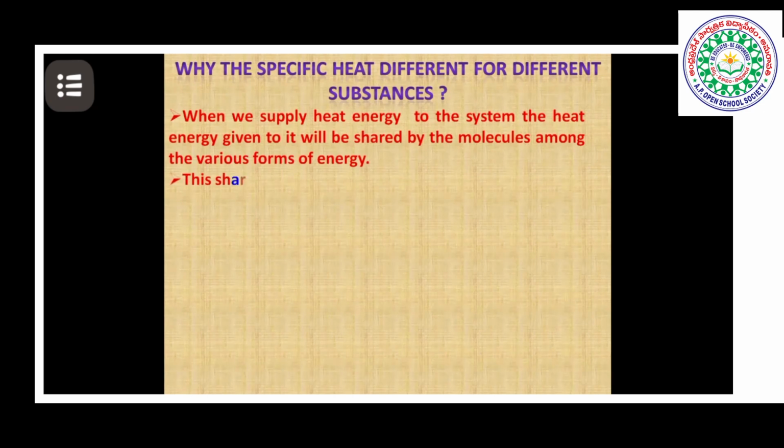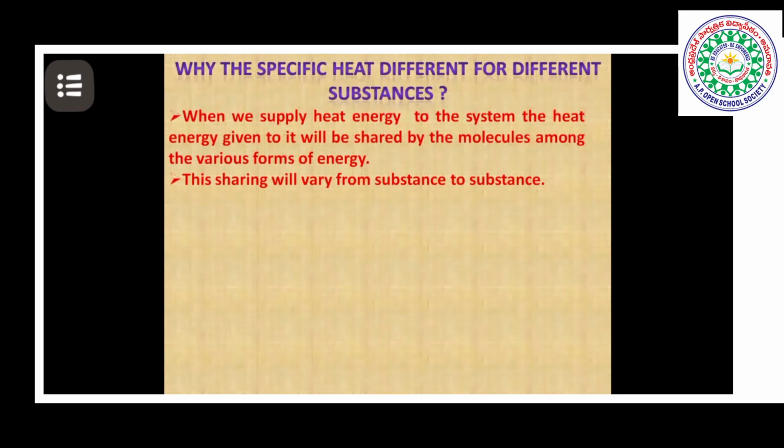If you supply any energy to the system, the molecules share it in different forms. This sharing varies from substance to substance. In oil, there is one sharing; in water, a different sharing takes place.